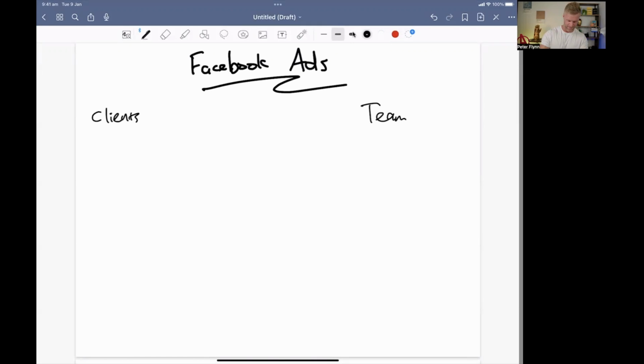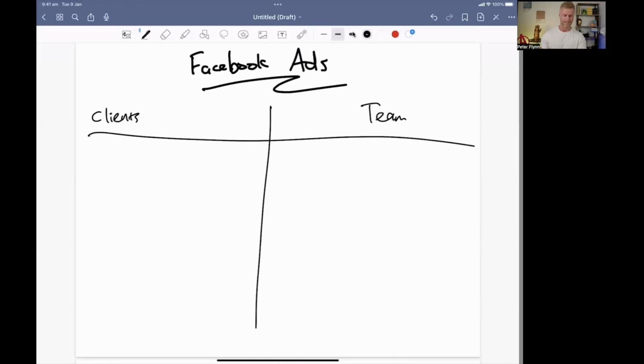So we split this in half and we go clients and team. Now, typically, what we're finding is that when people are trying to get clients, it has been more on the MSK side of things.